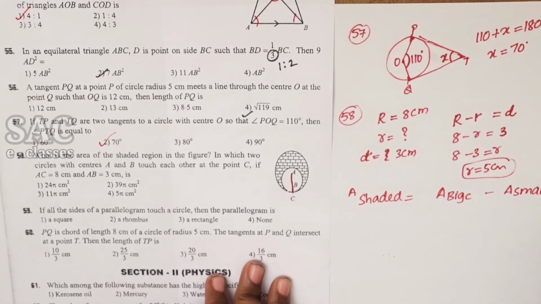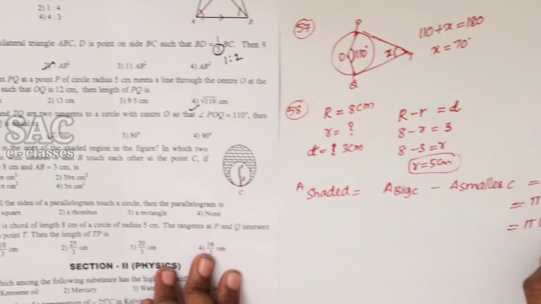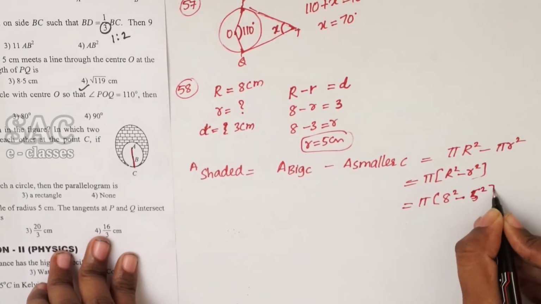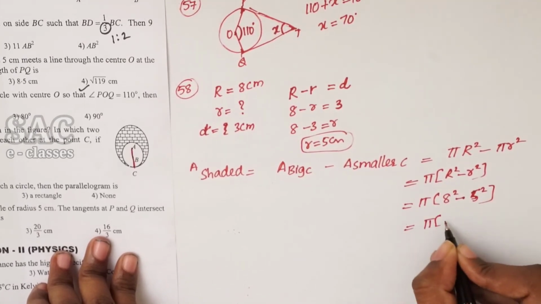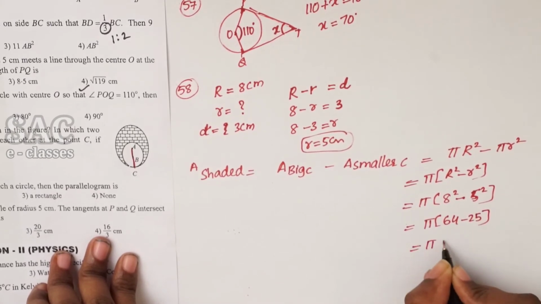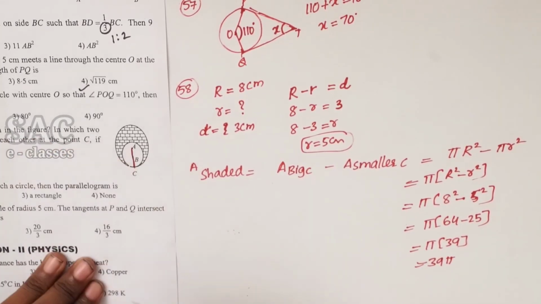Pi into capital R square minus small r square. The answer is in terms of pi. Capital R is 8 square minus small r is 5 square. So pi into 64 minus 25 will give you pi into 39. So 39 pi centimeter square will be the required answer.